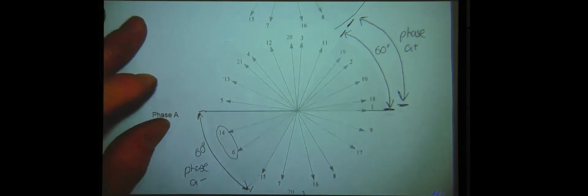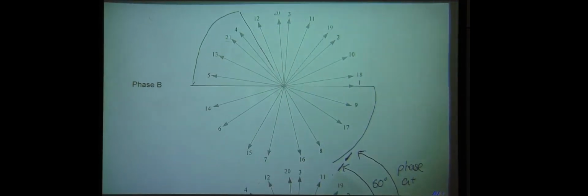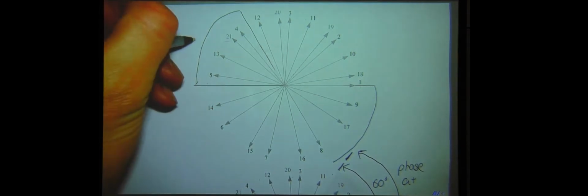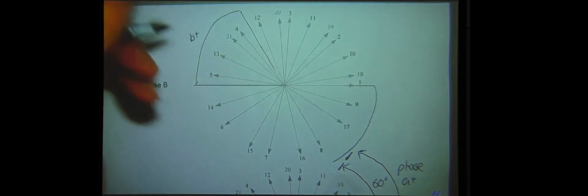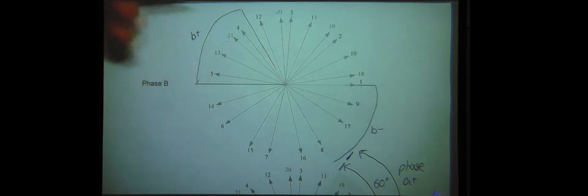If we now go to phase B, where this is B plus and this is B minus, then looking at the B plus, we have 4, 21, 13, and 5.